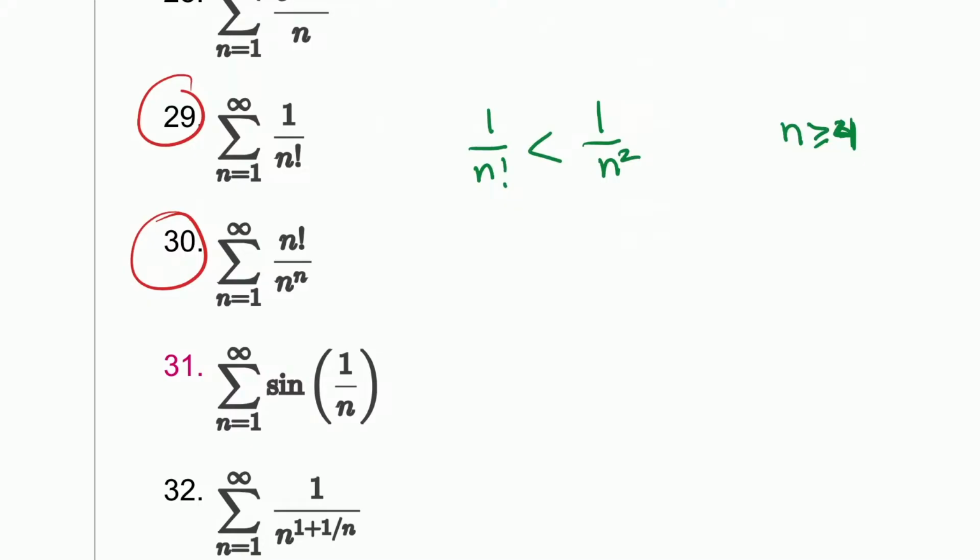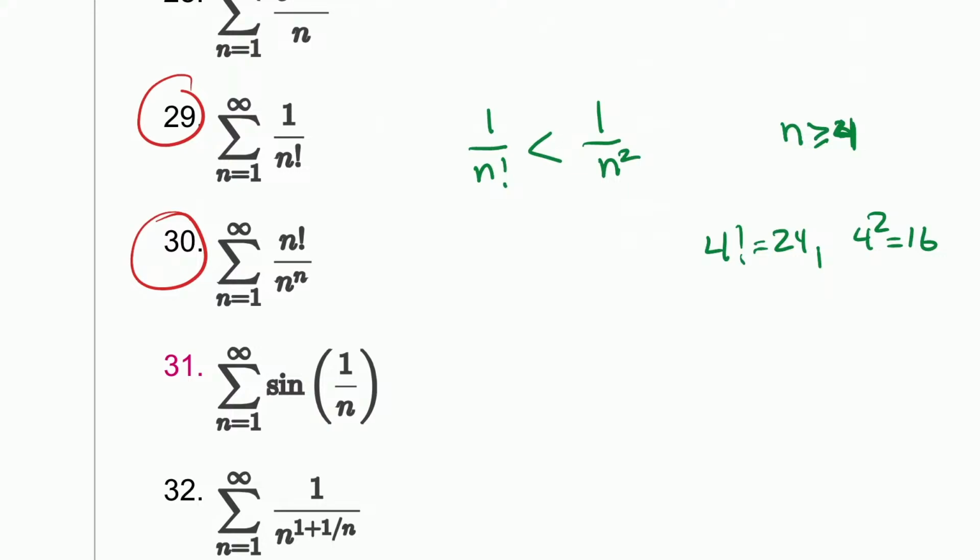And you can do a little bit of testing to see that this is the case. For n equals 4, 4 factorial is 24, and 4 squared, of course, is 16. And this is definitely going to be the case beyond this, because when I go to 5 factorial, I'm multiplying 5 times this number. This is a number bigger than 5, whereas 5 squared is 5 times 5.